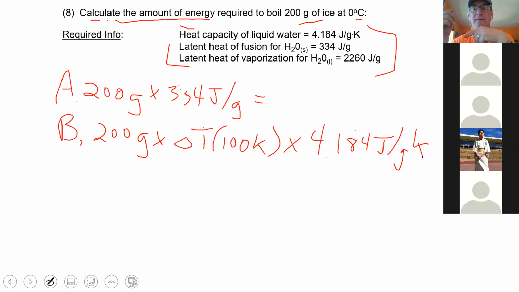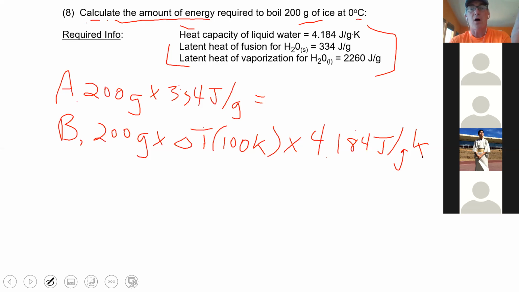And to do that, I would need the heat capacity of solid water, which is different than the heat capacity of liquid water, which is also different than the heat capacity of water vapor. Like if I wanted to heat the water vapor to a higher temperature, I would need to figure out how much heat it takes to increase the temperature of water vapor from 100 to higher than 100. So I would need the heat capacity of the solid and the vapor.